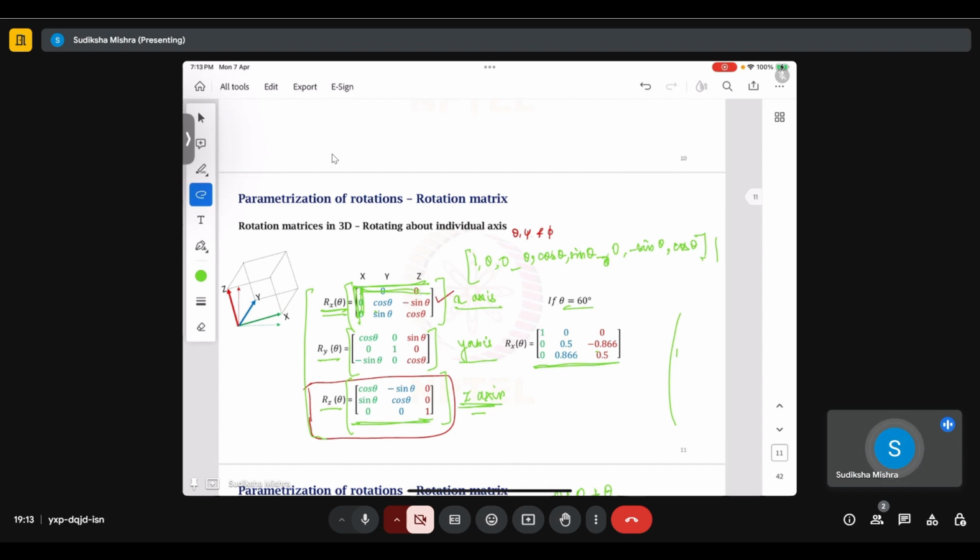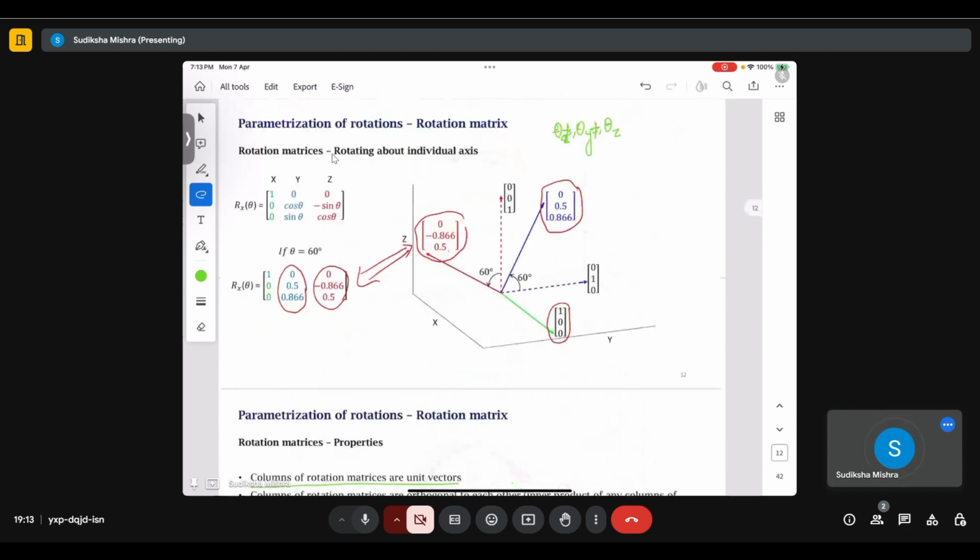If theta is equal to 60 degrees and the rotation happens along the x-axis, you can substitute theta equal to 60 degrees into this and you get a matrix like this. This is essentially the rotation matrix.